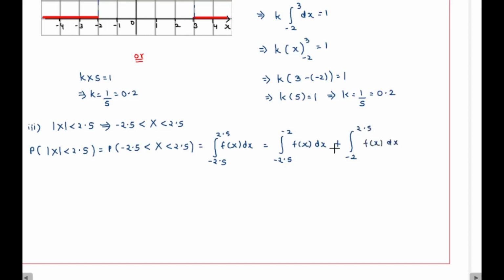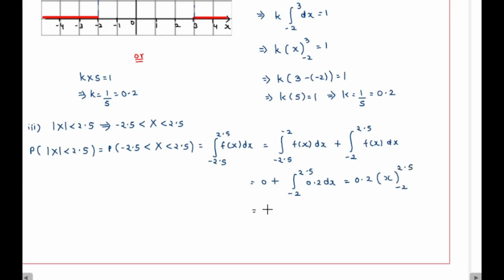Correct? So if I split this interval, from minus 2.5 to minus 2, f of x is 0. So this value here will be 0, plus from minus 2 to 2.5, f of x is taking a value equal to k, and k is how much? 0.2, correct? So I am supposed to integrate from minus 2 to 2.5, 0.2 with respect to x, correct? So what do I get this as? 0.2 I'll take outside, and integration of 1 with respect to x will be x, and the limits are from minus 2 to 2.5.